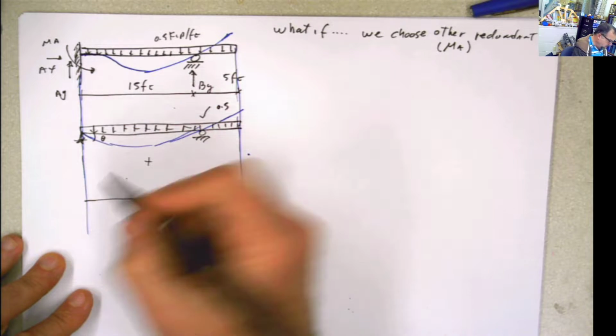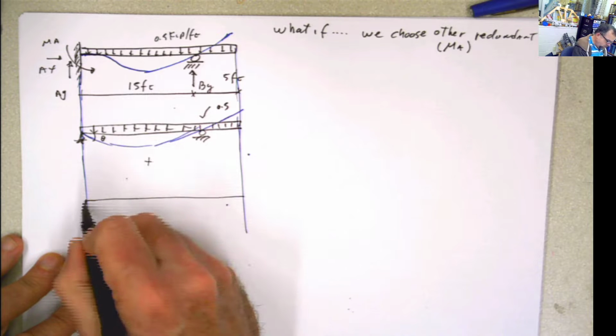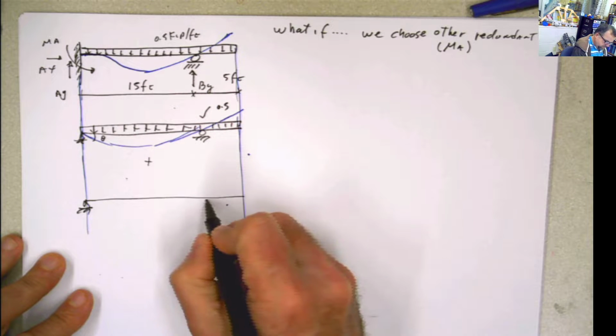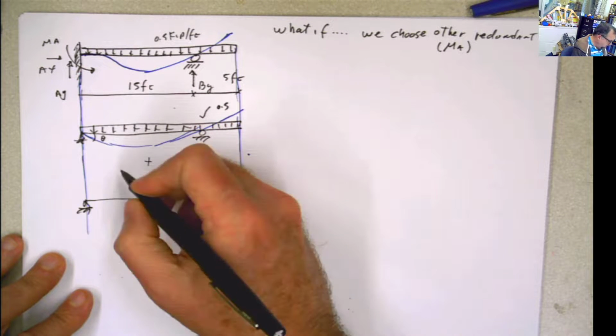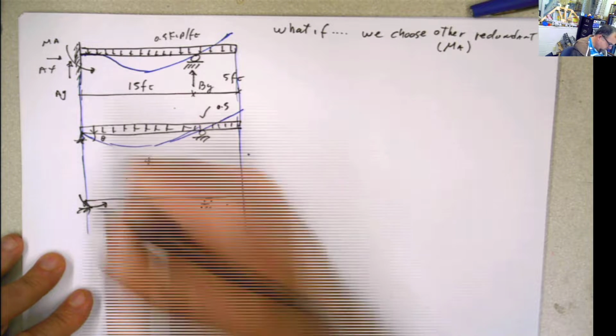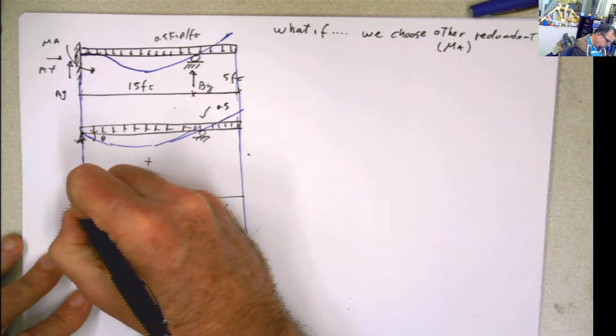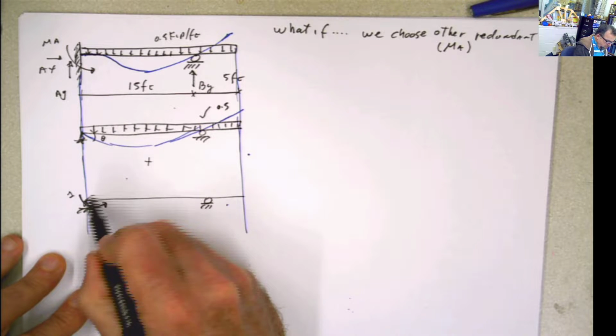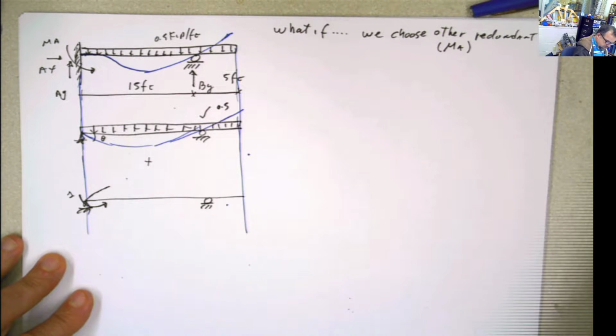Then I have to apply to the same primary structure, which in this case is this, a moment in this way, a rotation, a unit moment, and that unit moment is going to produce something like this.